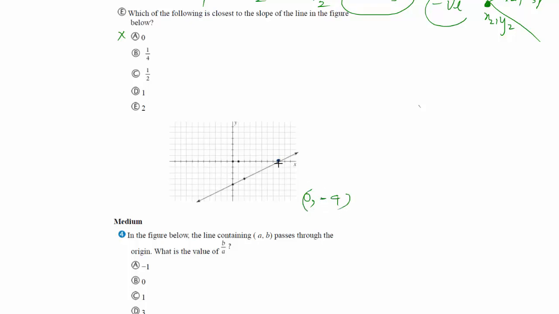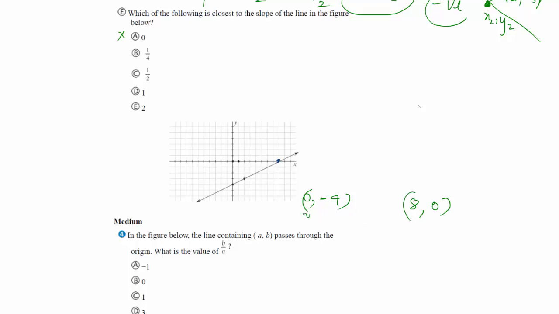And the second point, which is the intercept of the x-axis, we can move from origin and see how far the point is from the origin. 1, 2, 3, 4, 5, 6, 7, 8. So it's 8 units to the right, but it's neither up nor down, so its y coordinate will be 0.